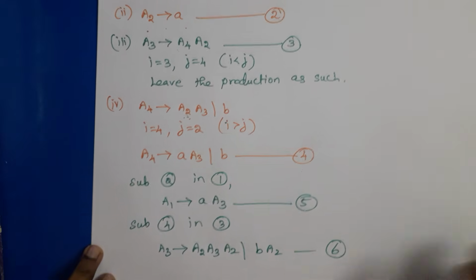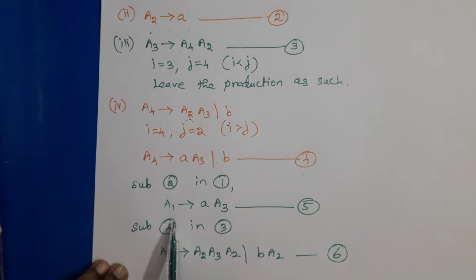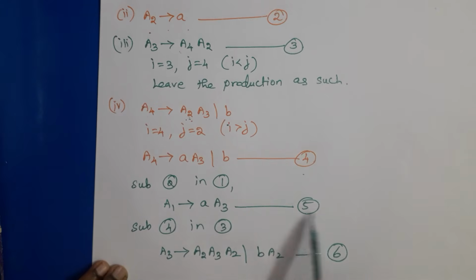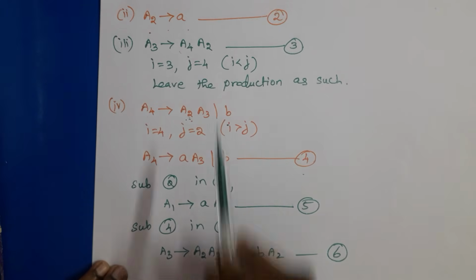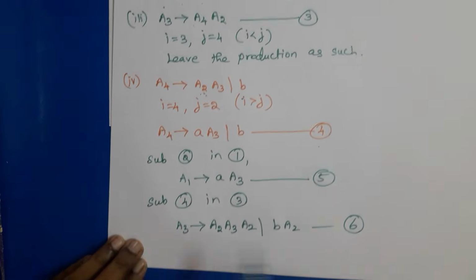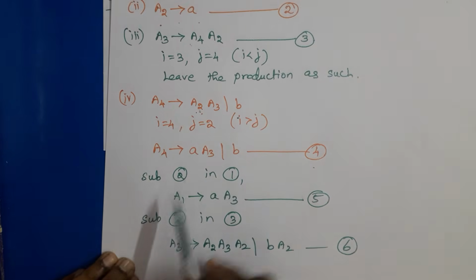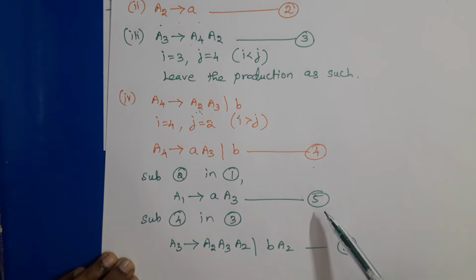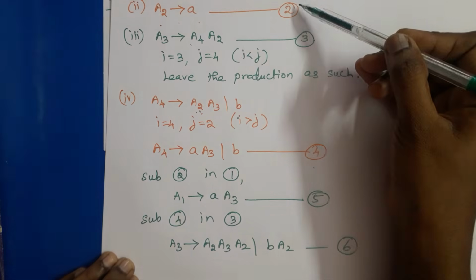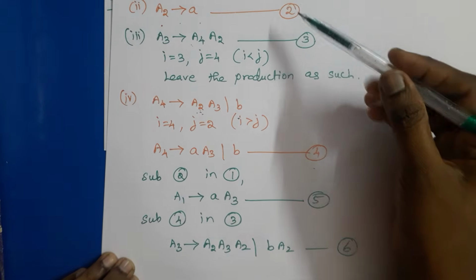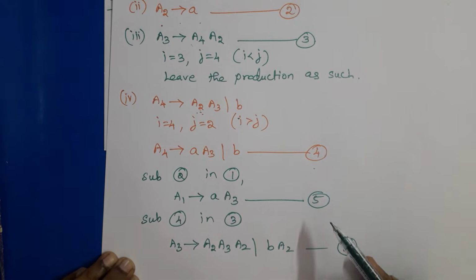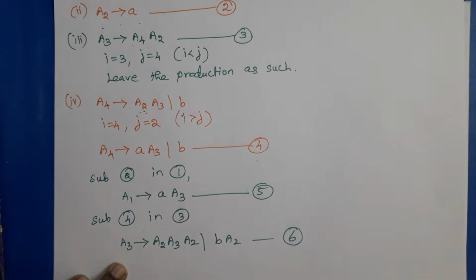So the final GNF, when we write the final GNF, A1 is 5, A2 is 2, A3 is 6, and A4 is 4, right? So we have to write 5, 2, 6 and 4. Sorry, one mistake is there.